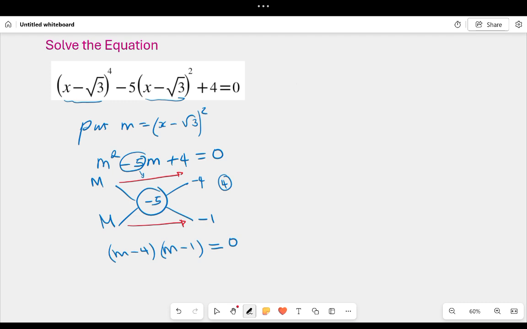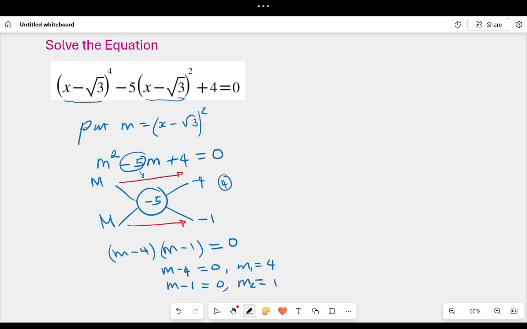This means m minus 4 is equal to 0, and therefore m is equal to 4. Then m minus 1 is equal to 0, therefore m is equal to 1. So we have two solutions. m1 is 4, and m2, the second solution for m, is equal to positive 1.